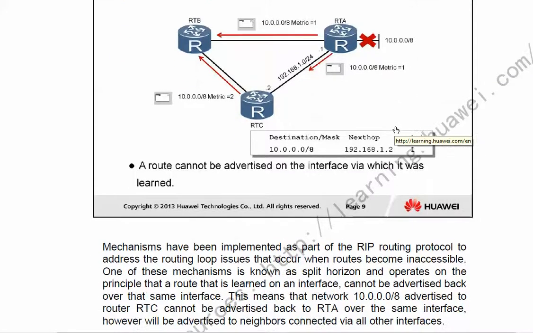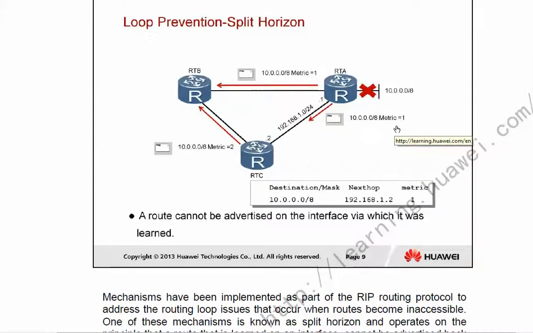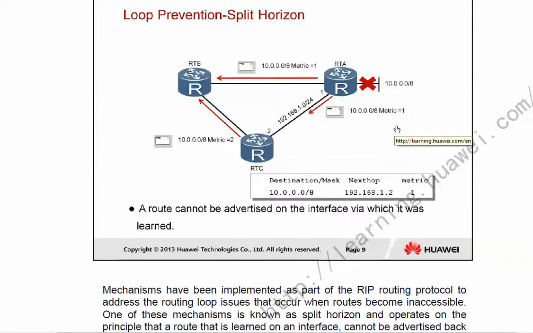Loop prevention, split horizon. A split horizon is a mechanism to prevent a loop when using RIP. The idea is a route cannot be advertised on the interface on which it was learned.